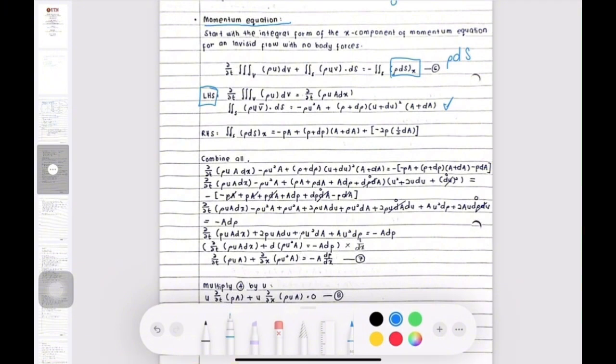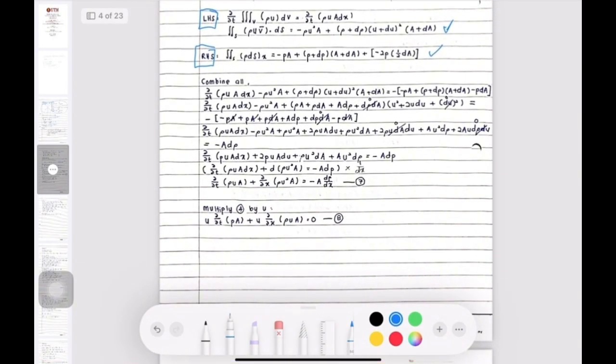Then from the right hand side, cancelling like terms and ignoring products of differentials, the equation becomes, in the limit dx becoming very small, like this. Then we combine all the equations, and we get this after dividing by dx.